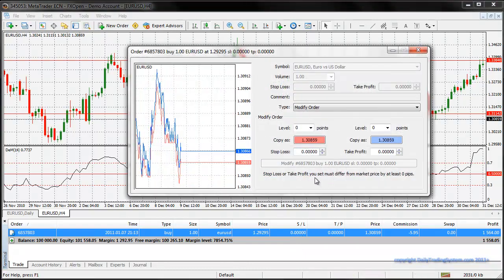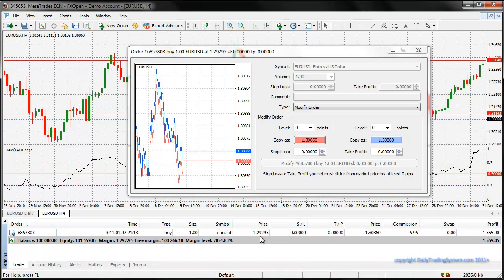We can see where I bought the trade, and it was at 1.29295. So I could put in 1.29295 there, and leave my take profit open with just 000 in there, and basically put this to break even. And now if I want to book in 50 pips, I can calculate 50 pips from this bottom price, or I can just add 500 to that figure.